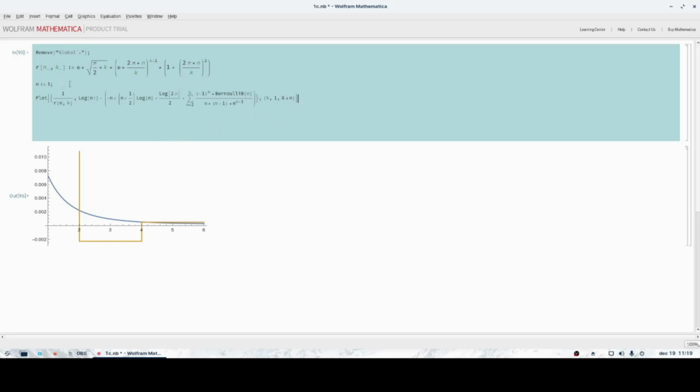So now the variable in this graph is k. I'm varying k from 1 to who knows where.